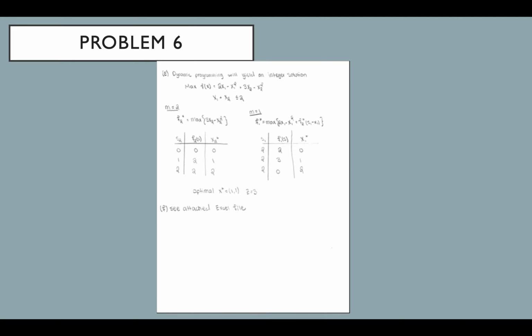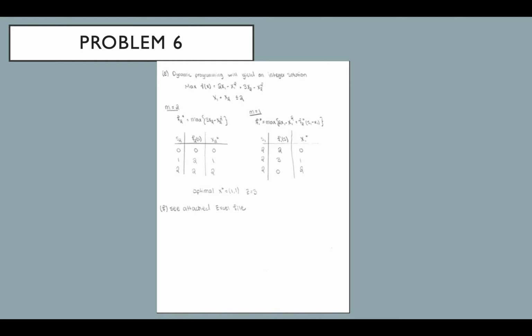And then in stage 1, our new function is going to be f1 star is equal to the max of 2x1 minus x1 squared plus f2 star, which is our moving backwards motion that we do. That dance that the Professor was talking about before.